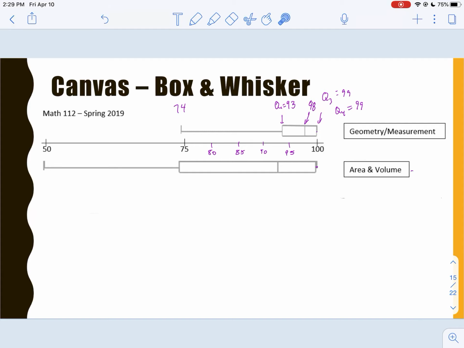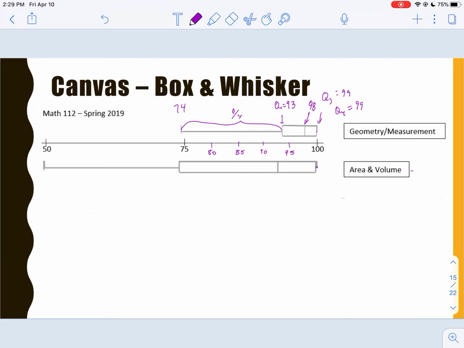Now, one common mistake I want to point out here is, on past exams even, I've asked, why is this whisker longer than this? And a common answer that students give is, well, there's more people in here, so this is longer. That's not right.